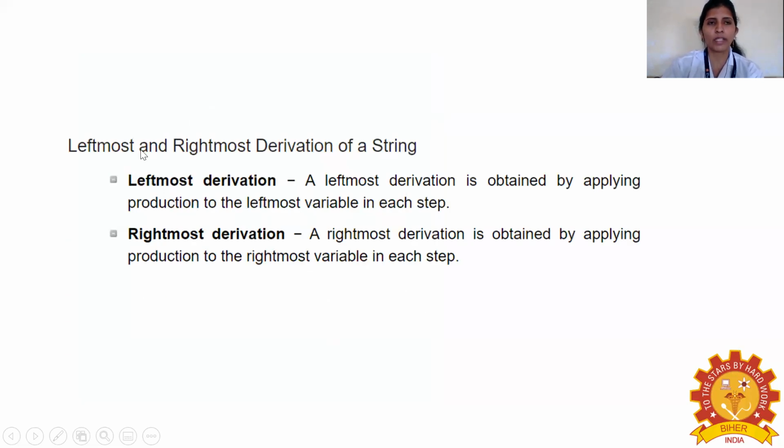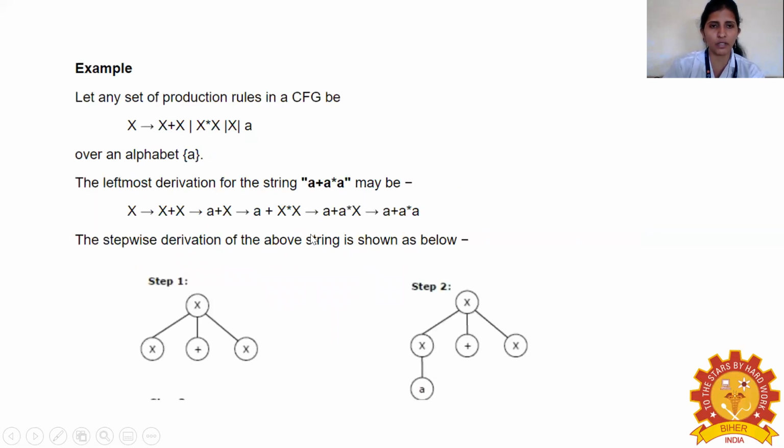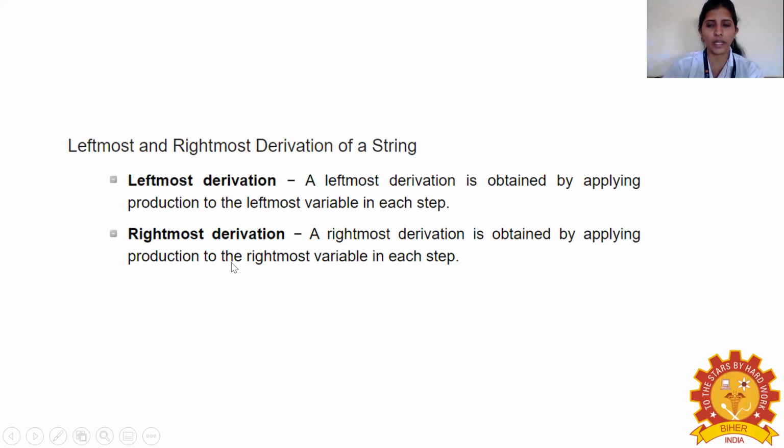Now we move to the leftmost and rightmost derivation of a string. What is the leftmost derivation? A leftmost derivation is obtained by applying the production to the leftmost variable in each step. And the rightmost derivation is obtained by applying the production to the rightmost variable in each step.